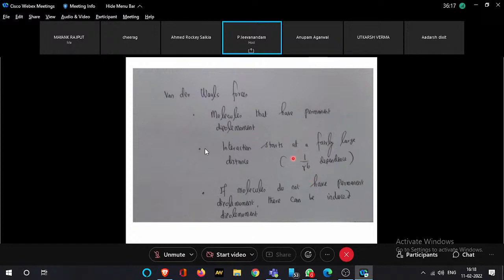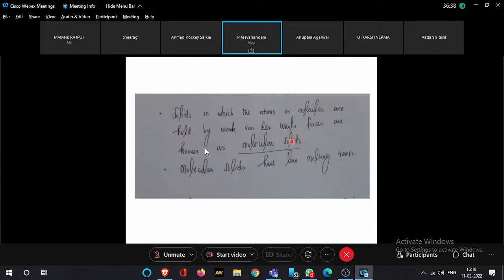Okay. And even if you don't have a permanent dipole in your molecule, you can still have some induced dipole moment because you have some neighboring molecules. So you can have induced dipole moment. Again, that can also lead to this kind of interaction, leading to formation of your solid. So iodine is an example of this van der Waals forces solid, and this is also called molecular solid.